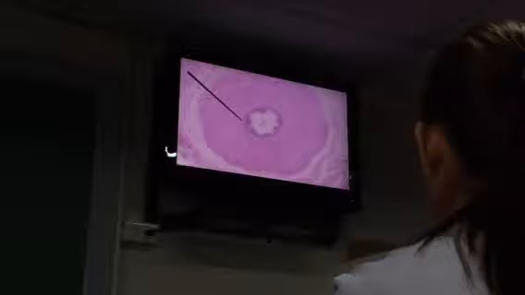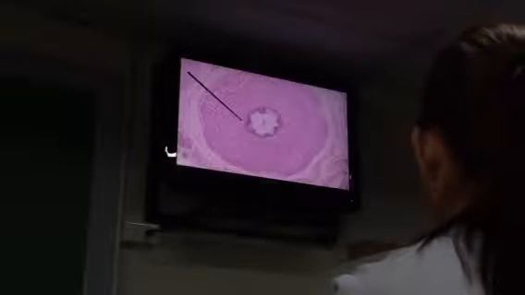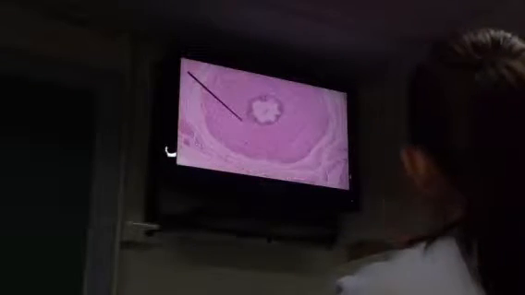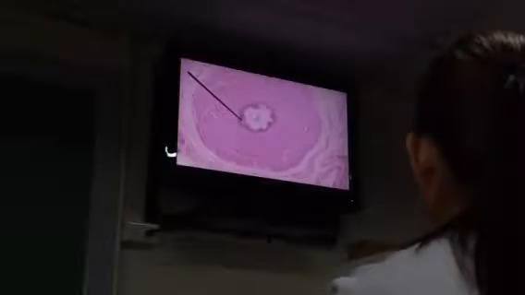So, again, if you look at the lining epithelium, it's still pseudostratified columnar, as said, with some stereocilia.